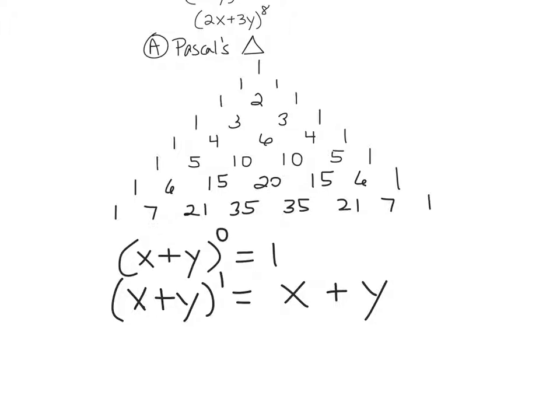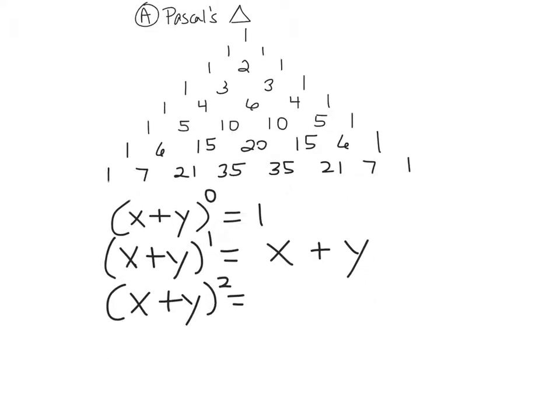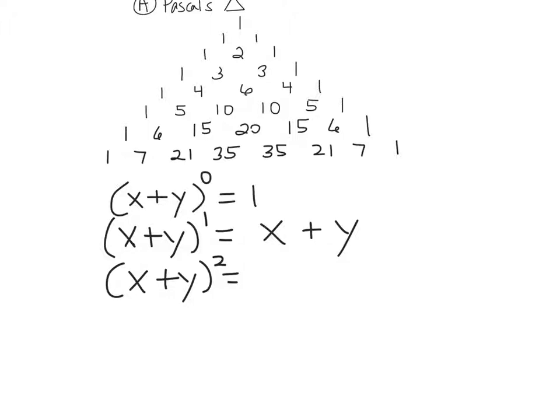Coefficients 1, 1. Take x plus y and raise that to the second power. When you do that, if you FOILed that out, you get x squared plus 2xy plus y squared. Do you see the coefficients? Coefficients 1, 2, 1.